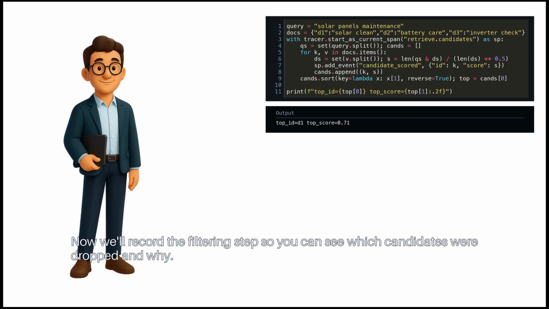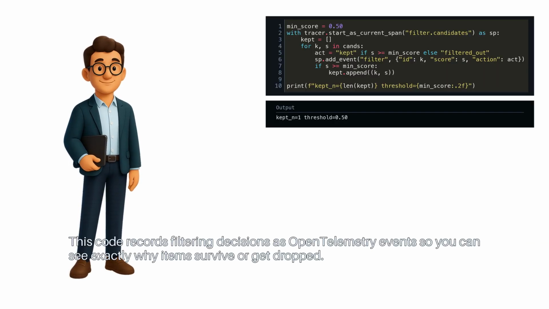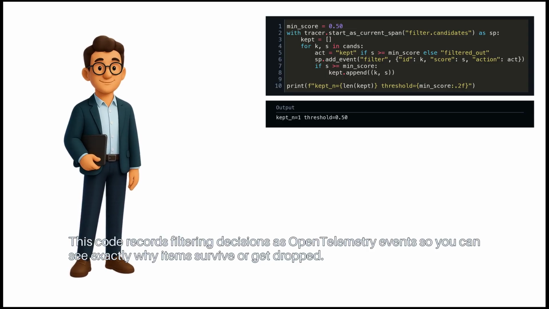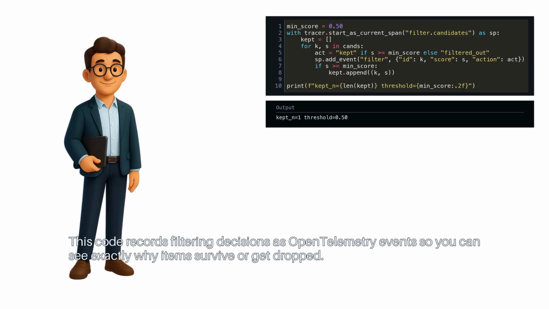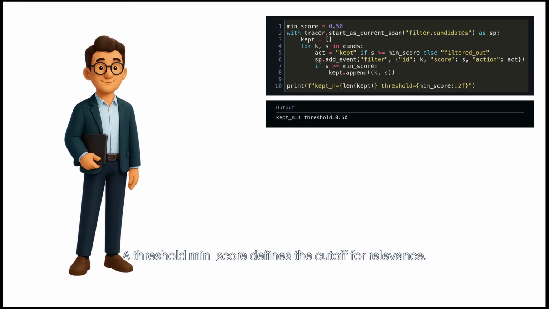Now we'll record the filtering step, so you can see which candidates were dropped and why. This code records filtering decisions as OpenTelemetry events, so you can see exactly why items survive or get dropped. A threshold min score defines the cutoff for relevance.